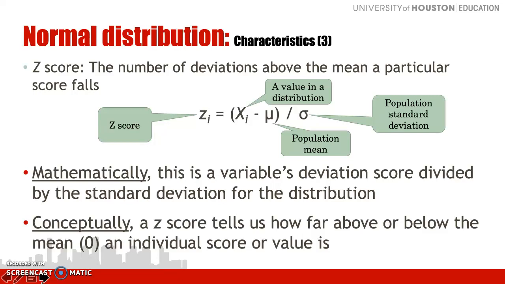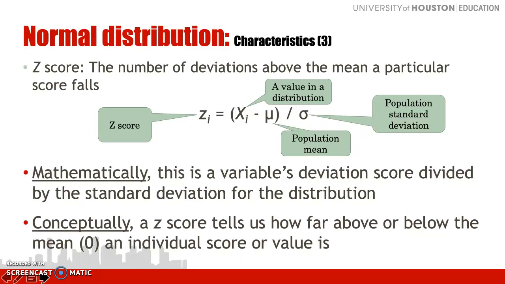And the z-score tells us the number of deviations above the mean a particular score falls without ever referring to a unit. So it's not 5 points above the mean, it's one standard deviation above the mean. The way that we calculate the z-score is we take the value in a distribution, so let's say somebody's score, we subtract from it the mean, and we divide that difference by the standard deviation.